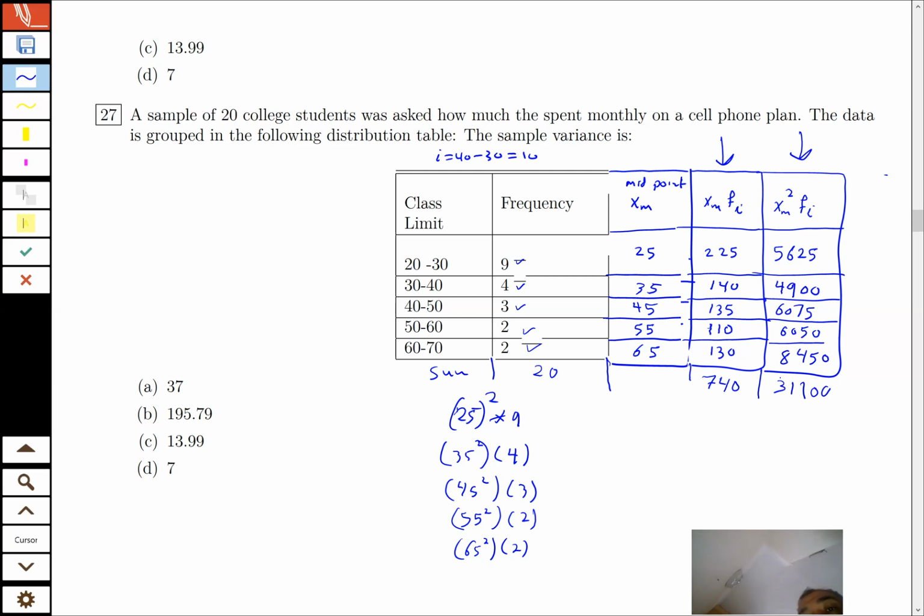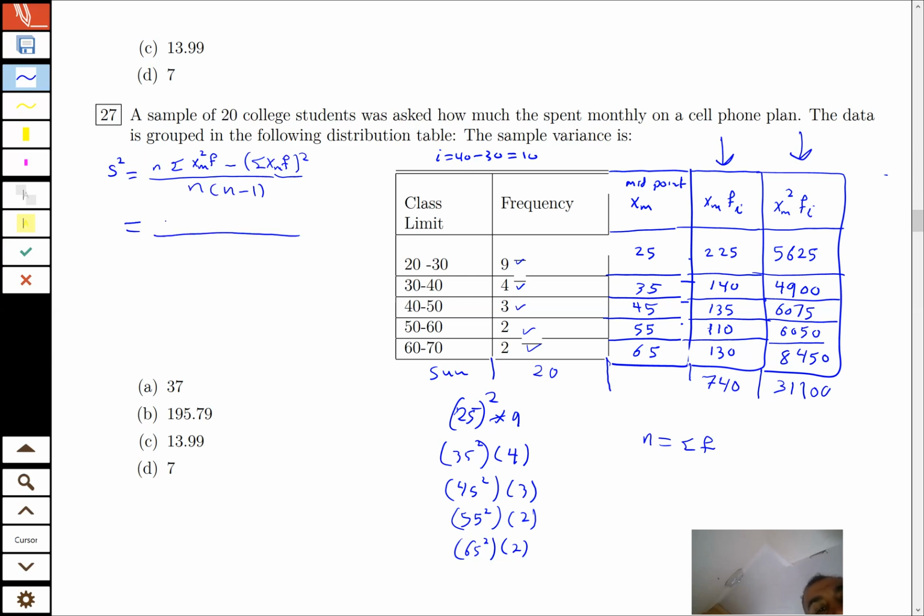So the sample variance, s squared, is equal to n times the sum of xm squared times the frequency, minus the square of the sum of xm times the frequency, all divided by n times n minus 1. And remember, n is actually the sum of the frequency, which is 20.